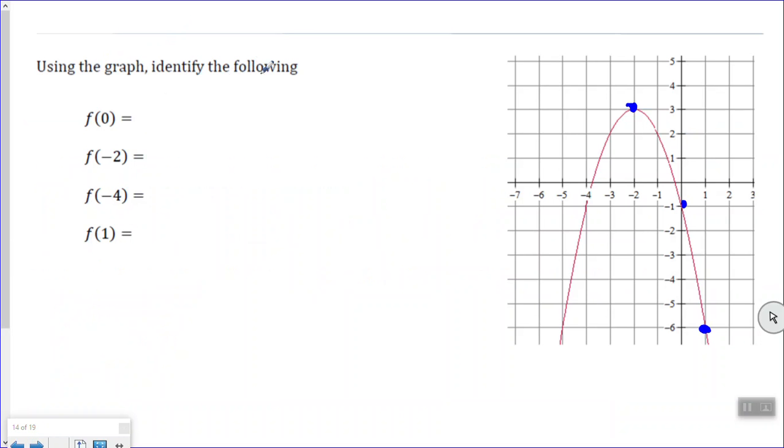Last one, using the graph, identify the following. What is y when x is 0? On the graph, x is 0 here, then it's this point, y is negative 1.